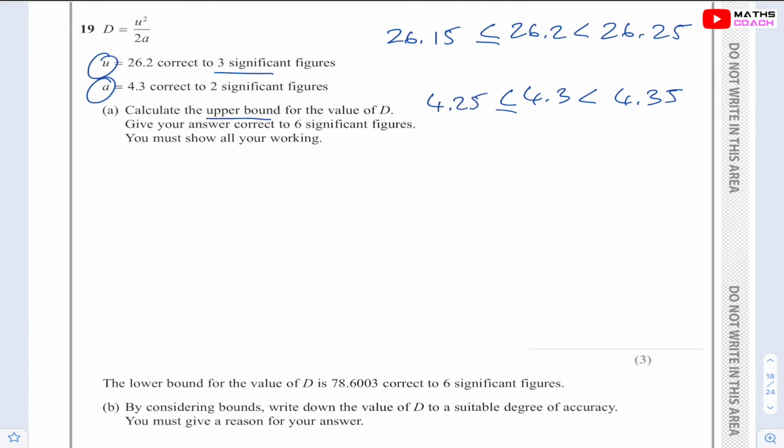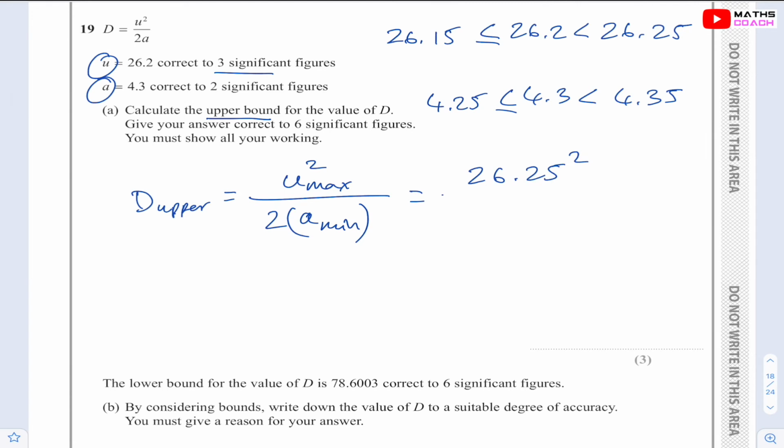So to calculate the upper bound for D, so D upper, we need the maximum U squared over 2 times the minimum A. Right, so the maximum U squared would be 26.25 squared over 2 times the minimum A, which is 4.25.